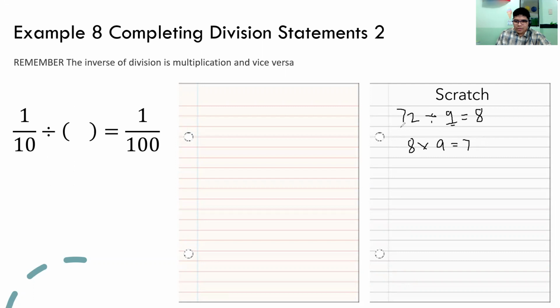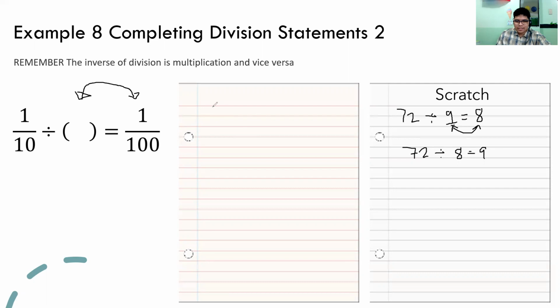So what we will do is exchange these two. For example, 72 divided by 8 is equal to 9. We're going to interchange them so that we are looking for the blank one.